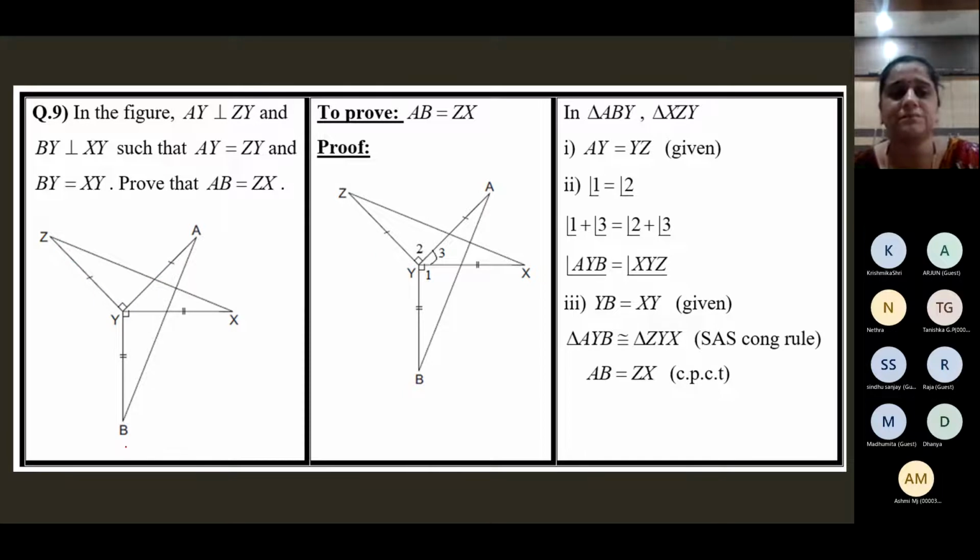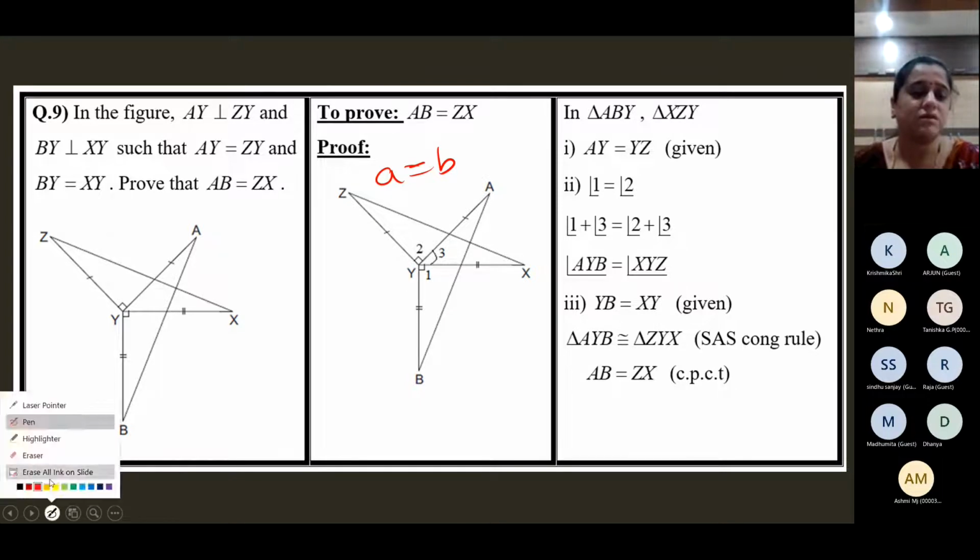Both are the same. When you say A is equal to B, it means B is equal to A. Similarly, AY perpendicular to ZY is also ZY perpendicular to AY.